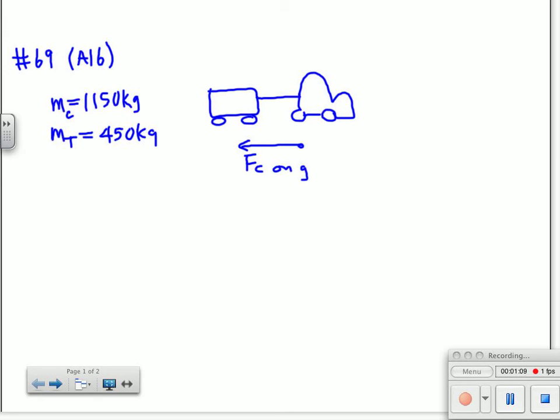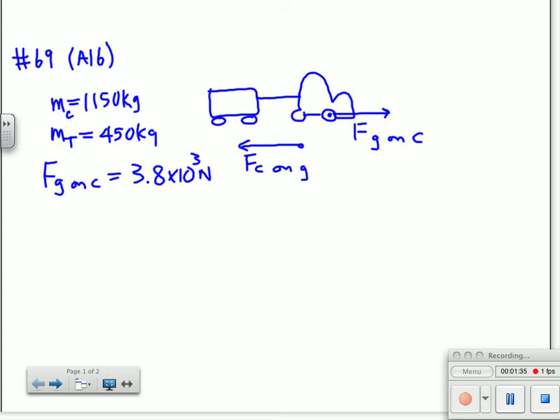And the reaction to that force is what moves the car and subsequently the trailer forward. That's going to be F ground on car, and F ground on car is equal to 3.8 times 10 to the third newtons.